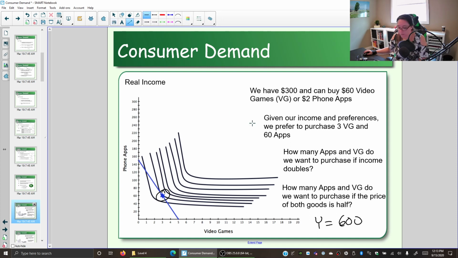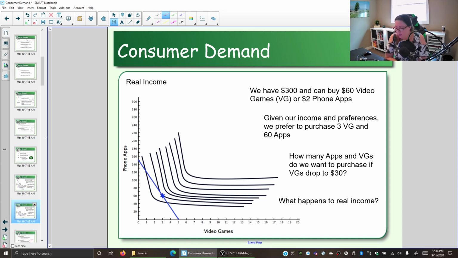And we showed that previously by the fact that if we had $600, then we could spend it all on phone apps and get 300, or all on video games and get 10. And if we connect those dots, we found that optimal consumption point here, and we realized that when our actual income changed, so did our real income, because we were able to get more. Okay, our buying power increased.